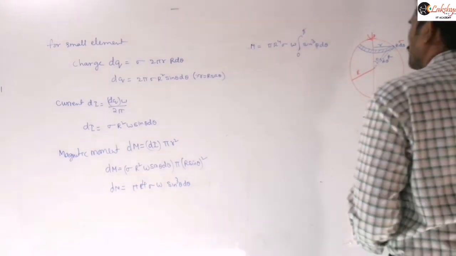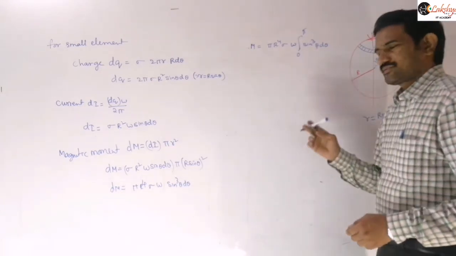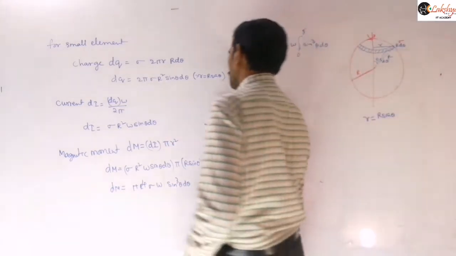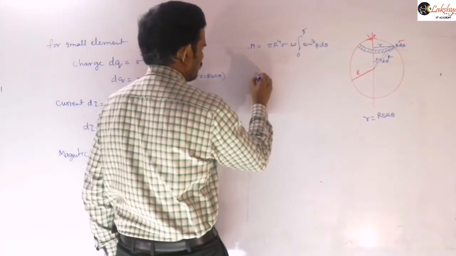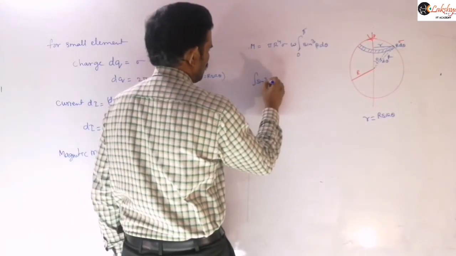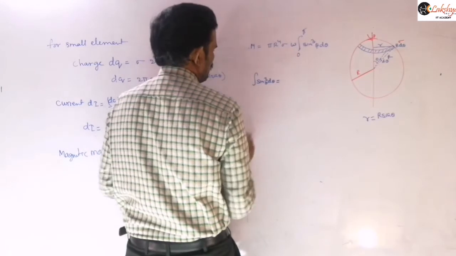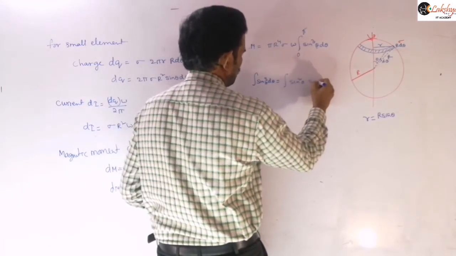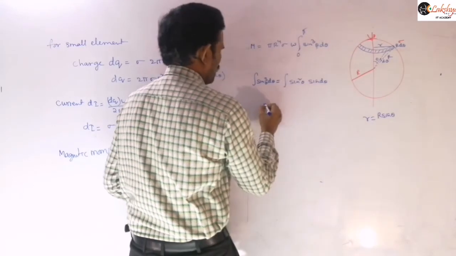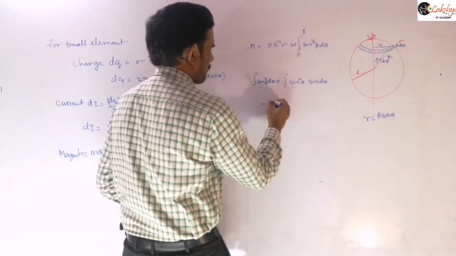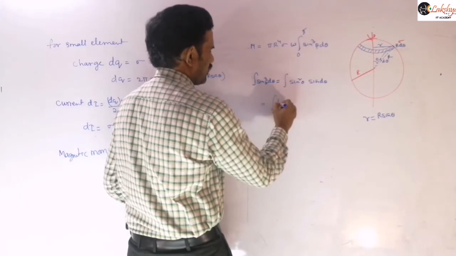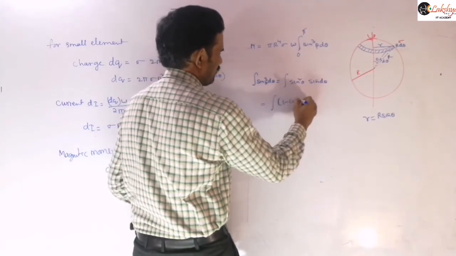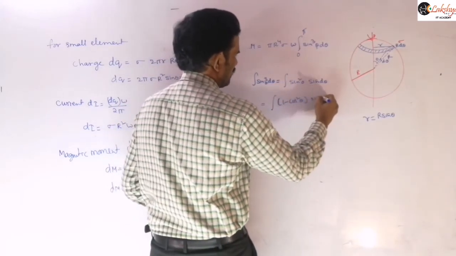I think all of you can integrate this sin cube theta, but let us simply see the integration of sin cube theta to simplify this. The integral of sin cube theta d theta, you can write as the integral of sin square theta into sin theta d theta, and this you can write as 1 minus cos square theta into sin theta d theta.